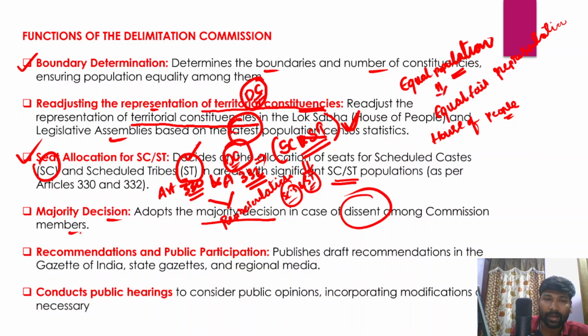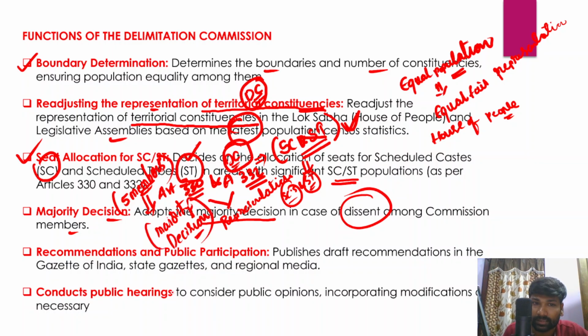For example, imagine that the Delimitation Commission consists of around 5 members, and in case there is a dissent among the members about taking a particular decision with respect to division of constituencies, in that case the decisions would be taken based on majority decisions, right? So majority decisions would be the key factor when it comes to taking important decisions.